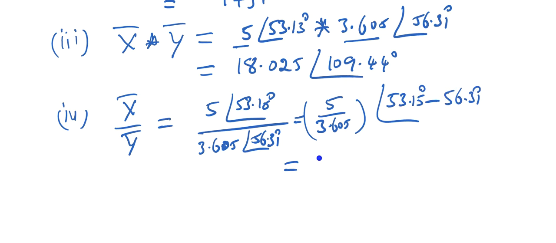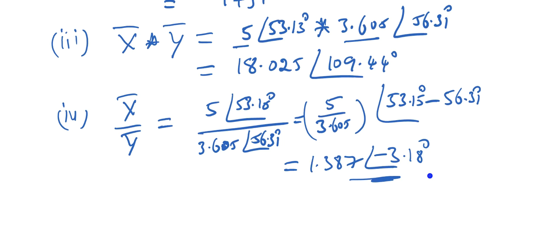If you do this, you will get 1.387 with an angle of minus 3.18 degrees. So this is the division. Like this you can do n number of questions and solve them.